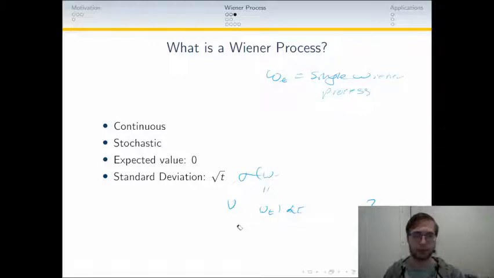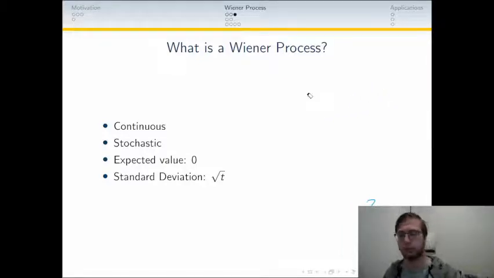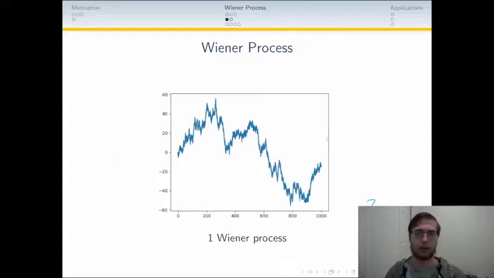So I'm going to erase all of this, and we will give you some visual intuition for what the Wiener process will look like. So here's a single Wiener process run. You can see that after 1,000 units of time, it goes up a little bit, and it goes down, and then it goes back down, and back up.